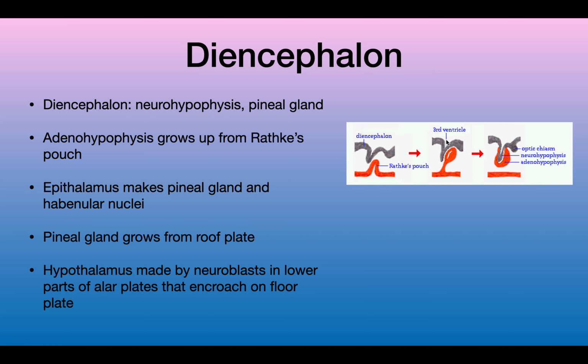They meet when the third ventricle enlarges and pushes the diencephalon down, and then eventually it will make the pituitary gland. The epithalamus will make the pineal gland and the habenular nucleus, and then the pineal gland will grow from the roof plate. And the hypothalamus is going to be made of the neuroblasts in the lower parts of the alar plate that has been pushed down to the floor.